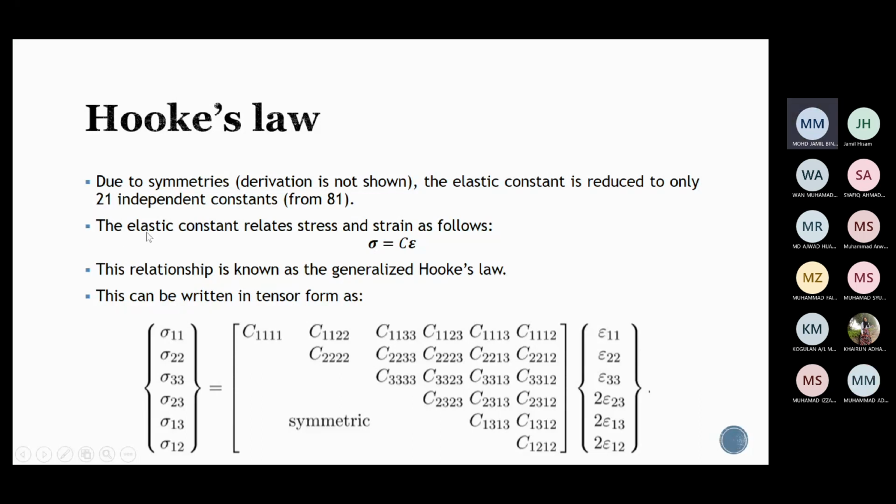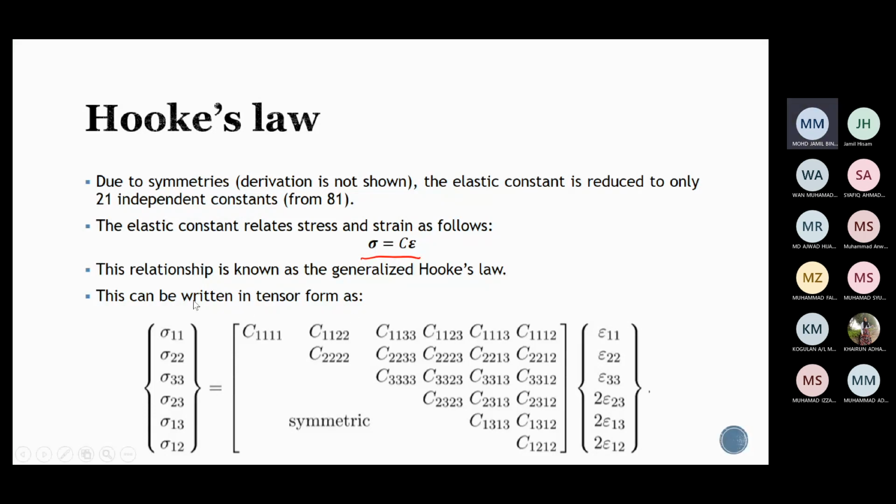Then the elastic constant can relate the stress and strain using this formula: stress equals C times strain E. This is the generalized form of Hooke's law, which states that the stress is linearly related to the strain.